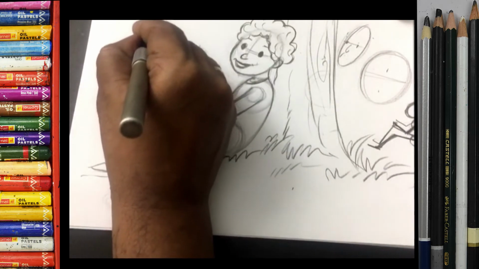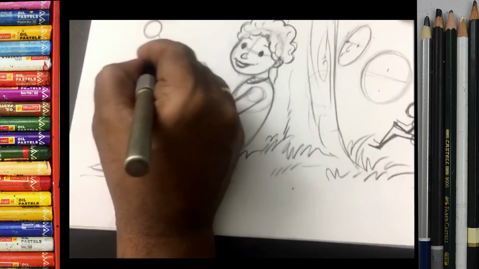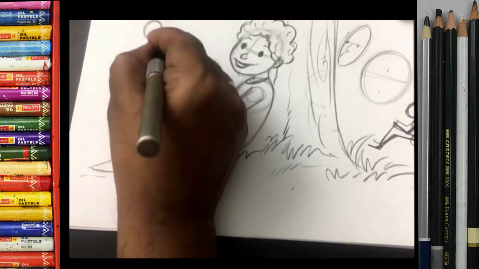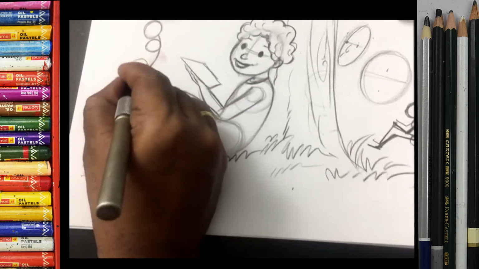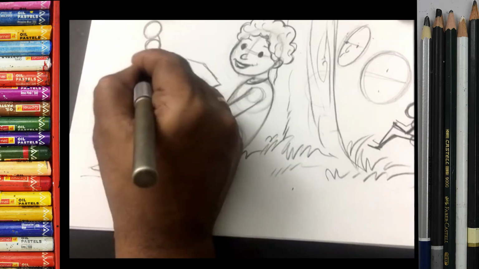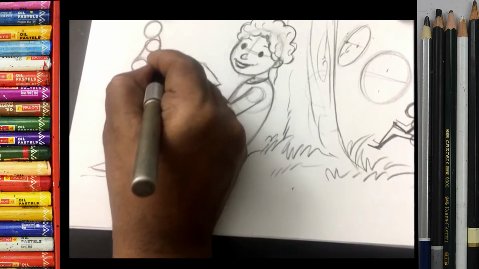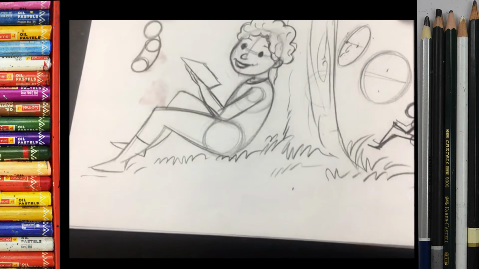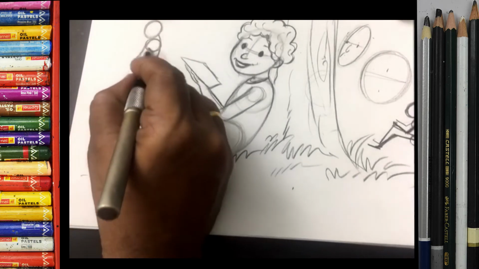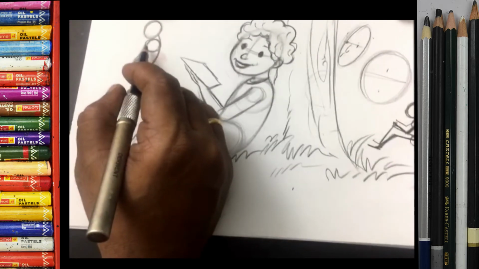The oval for the head, the torso like a chest, and the pelvis for the kamar. So head, torso, pelvis, and then just join this. Okay. From the torso, hands come.